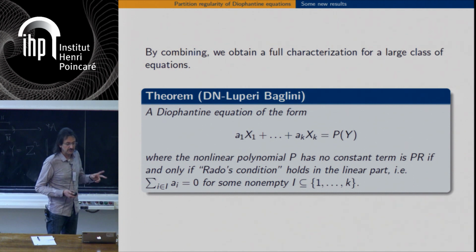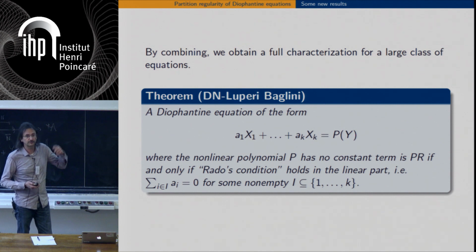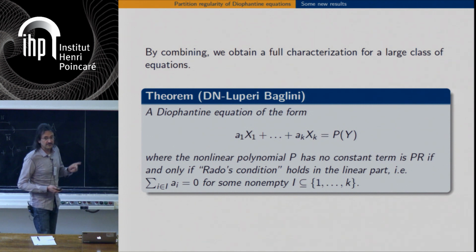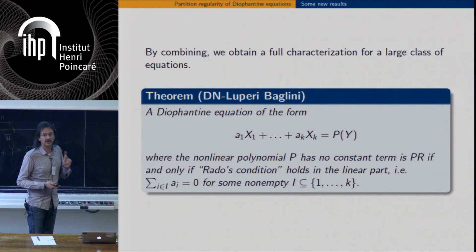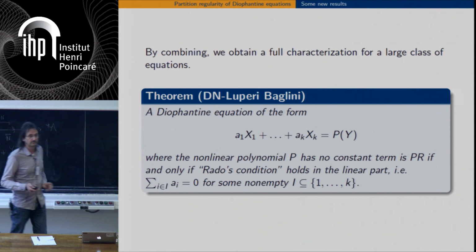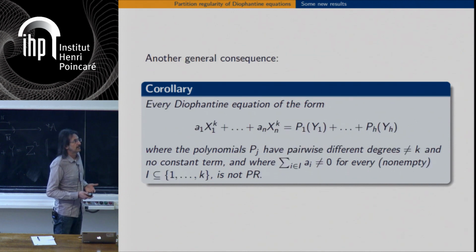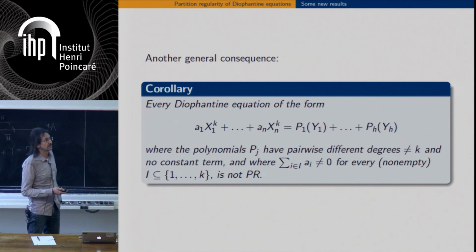Here we have to combine 2 different techniques: the technique that I mentioned before to prove that something is not partition regular, and the technique to prove that it is actually partition regular, but this takes considering special ultrafilters and manipulating them. We did it in a non-standard way, but one can also do it in a standard way. And also we have that these kinds of equations are not partition regular, provided that the Rado condition is not satisfied.